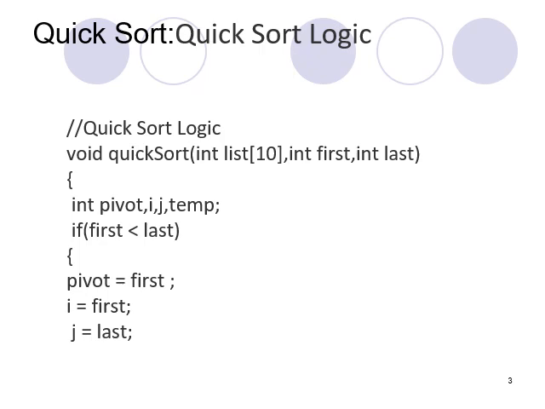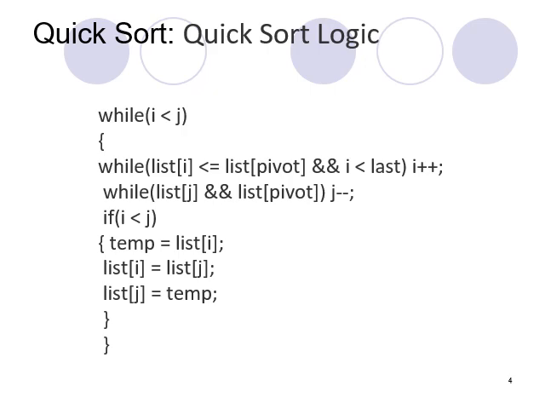We set i as left plus 1. Left, that is A of 0, is the pivot, so we choose A of 1 as i. Then we choose j as the rightmost element, the last element. If we have 7 elements in an array, then we choose A of 6 as j.